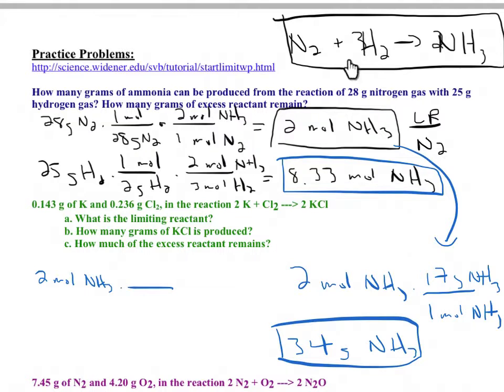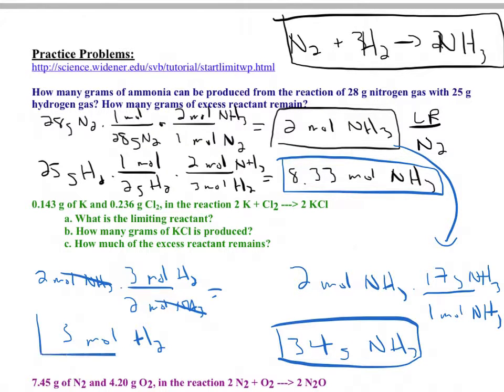NH3 and H2, it's 2 to 3. So 2 mole NH3, 3 mole H2. And so moles of NH3 cancel out, and we're left with 3 moles of H2 are used up.